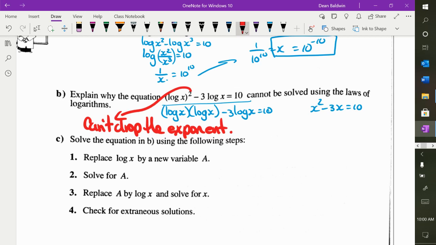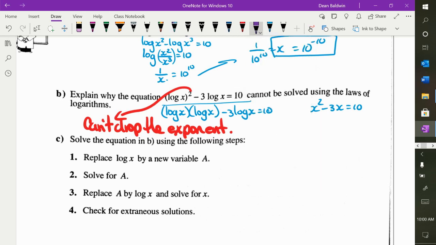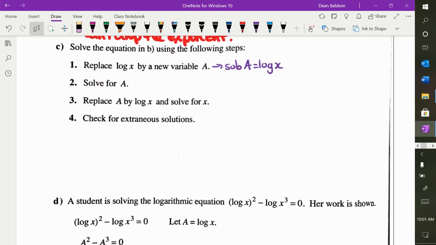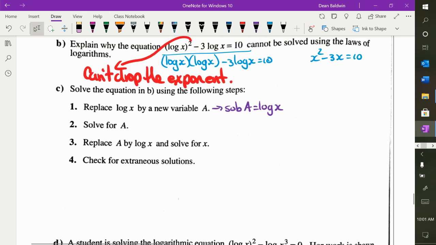Okay? So what you need to do is a substitution. So sub a is equal to log x. Whatever's in your brackets is what you make a. Now, it doesn't have to be a. It can be whatever variable you want. I wouldn't choose x because x is already in the equation. All right.